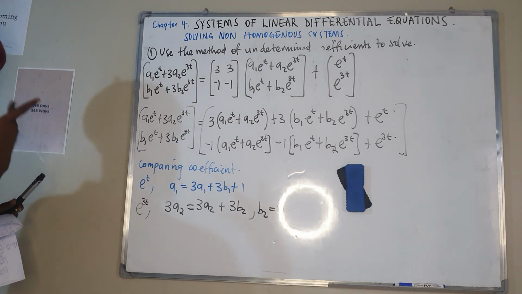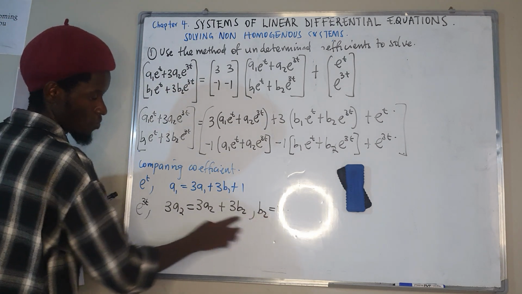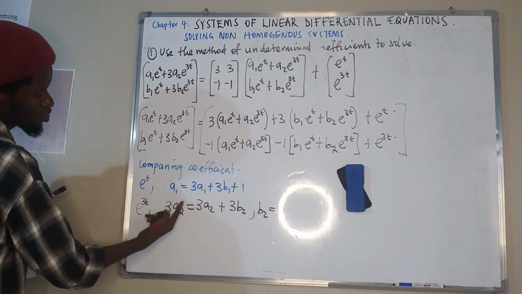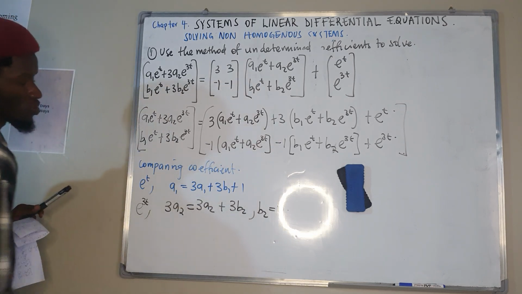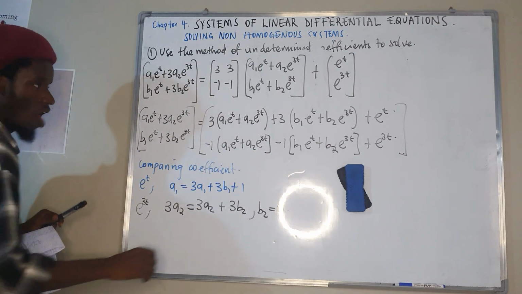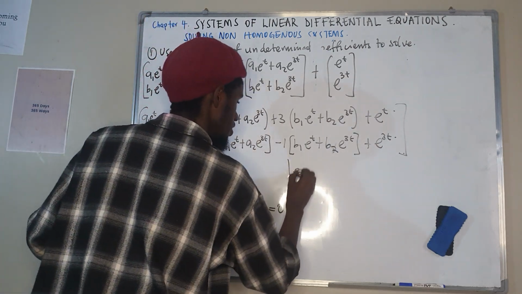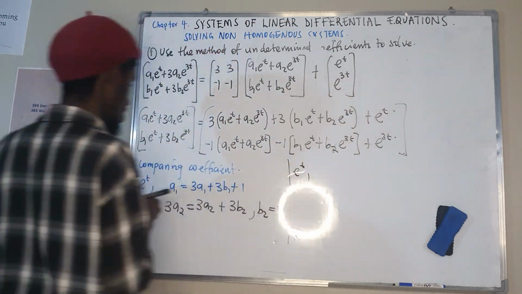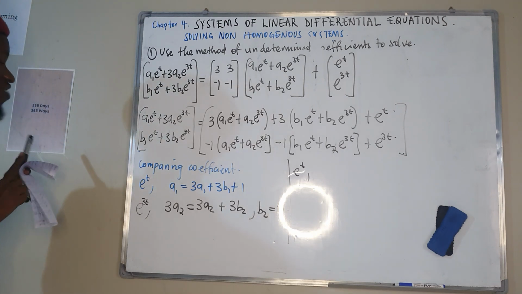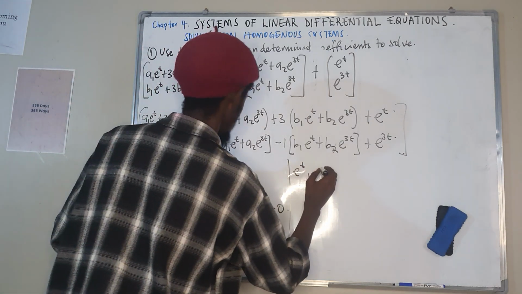Remember, I'm looking for a1, a2, b1, b2. And I've got one value from just this equation. Now, if I compare the down part here, for e power t, what will I have down here? For e power t down here, I have b1.